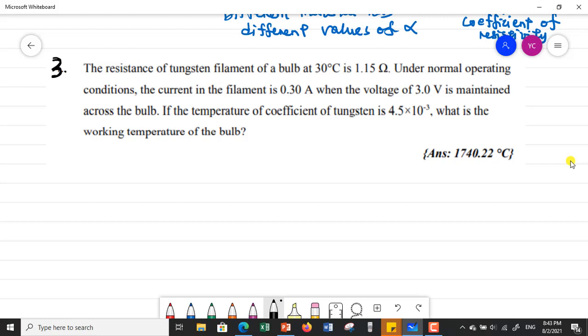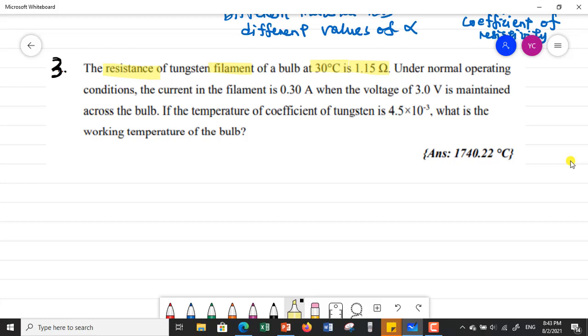The resistance of a tungsten filament of a bulb at 30 degrees Celsius is 1.15 ohm. Under normal operating conditions, the current in the filament is 0.3 ampere when a voltage of 3 volt is maintained across the bulb.